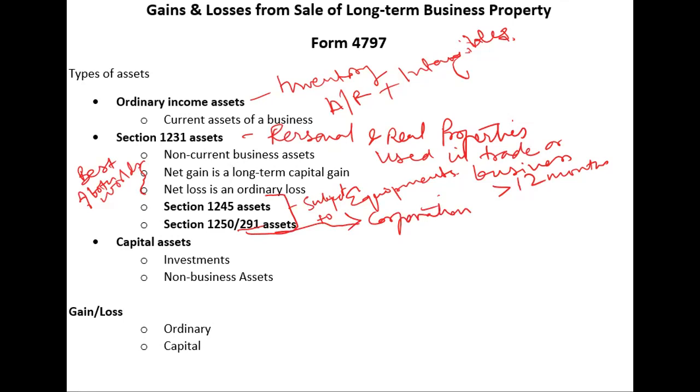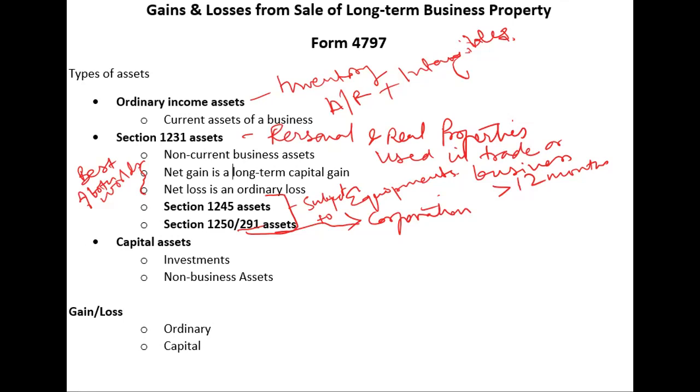Let's first discuss the capital assets. So capital assets include investments and non-business assets. So all assets that do not qualify as ordinary income or section 1231 assets are qualified as capital assets, which may include investments, assets for personal use by individuals, or goodwill.